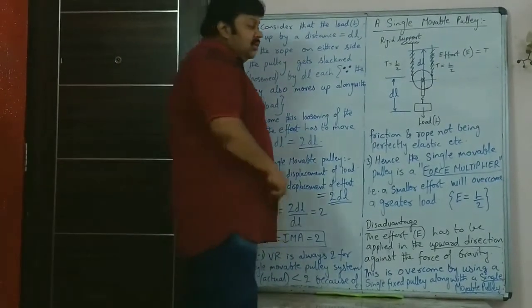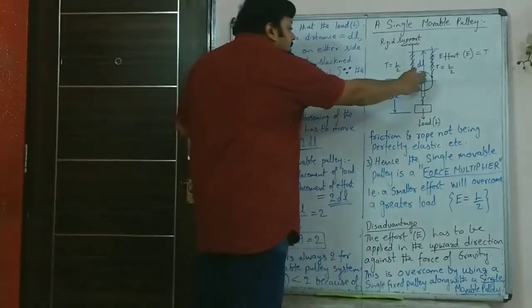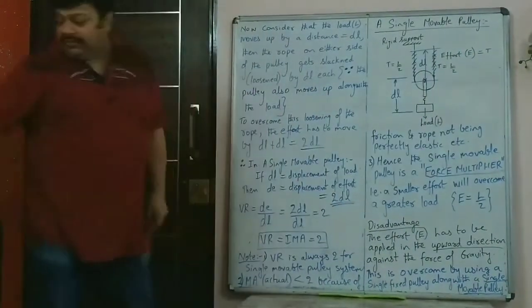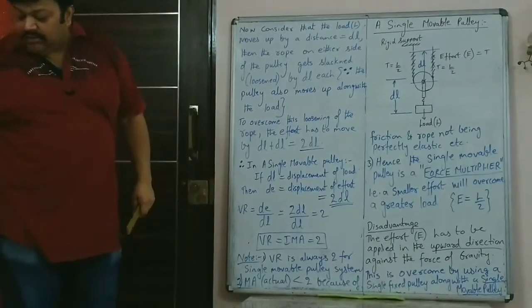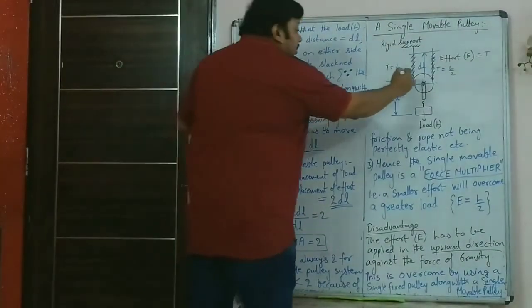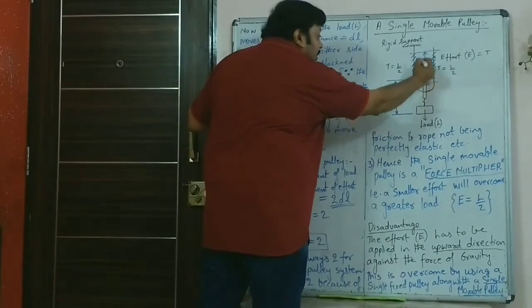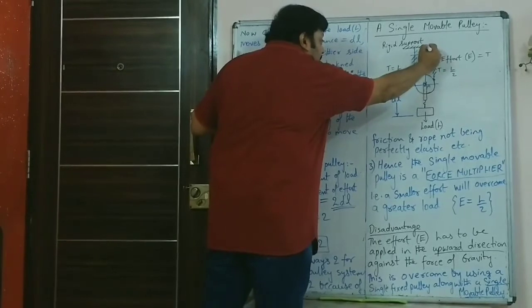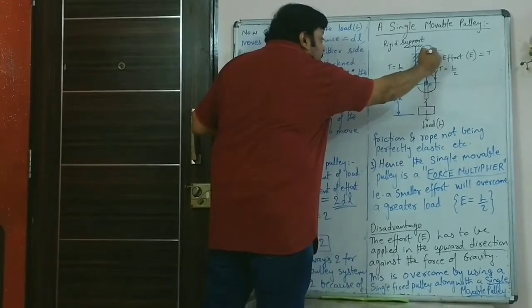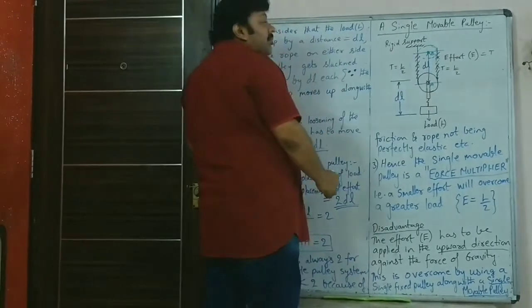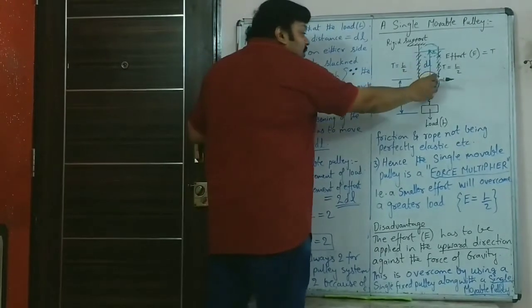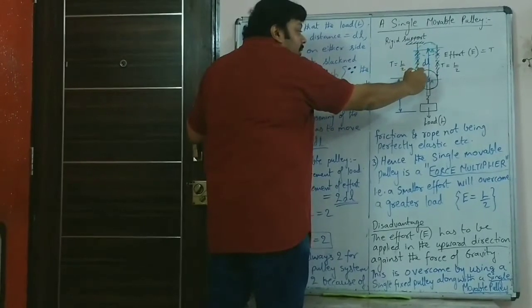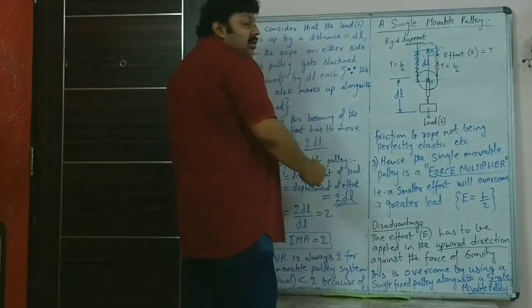So then what happens? Just imagine that you are taking this pulley and keeping it at this position. I will just show that with another color. So let's imagine the pulley has come from this point A and is now at this position, that is point B. So when it has come up by that much, if you literally lift and keep it here, then this side of the rope is slack.